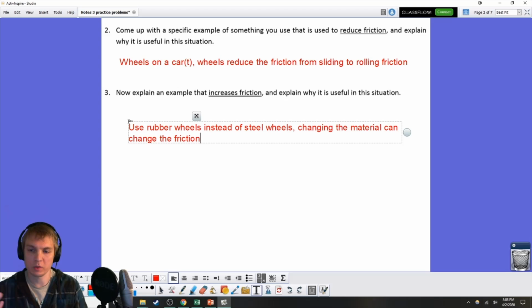We also discussed that sometimes you would want to increase the friction between two surfaces. For instance, if you have rubber wheels on a car, you will be able to stop at much shorter distances than if you had steel wheels against the asphalt. So there are instances where we would want to increase friction and not only decrease it. All right, so there's numbers 2 and 3.